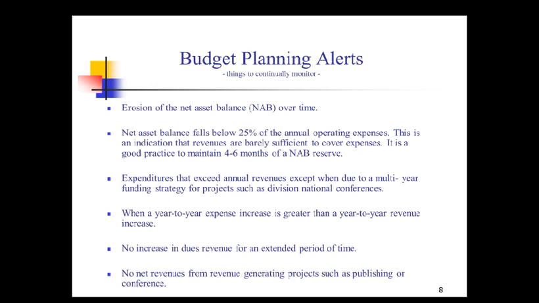Also, as a part of budget planning responsibilities, roundtables will want to be mindful of budget planning alerts. We have identified 6 alerts that signal problems in net asset balances, expenditures, and expenditure increases that outpace income, and a lack of increase in revenue, which are dues, or revenue-generating projects.